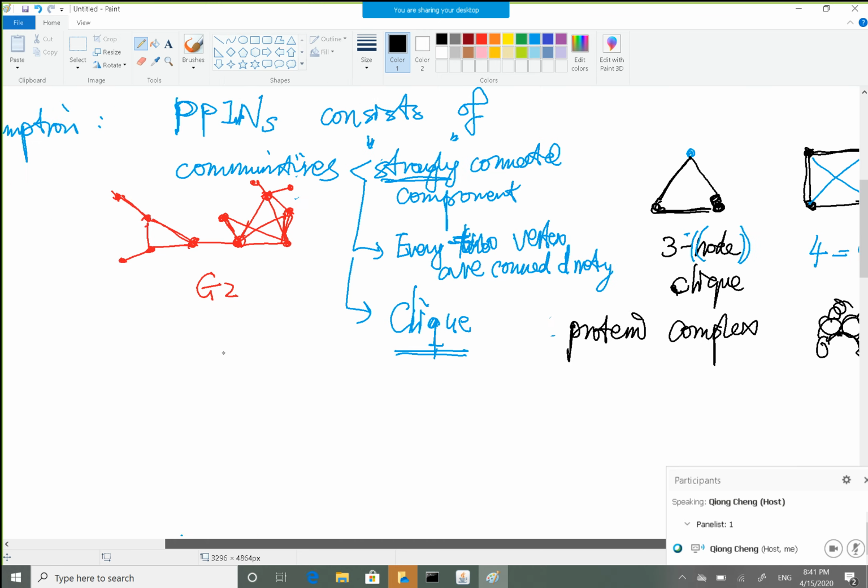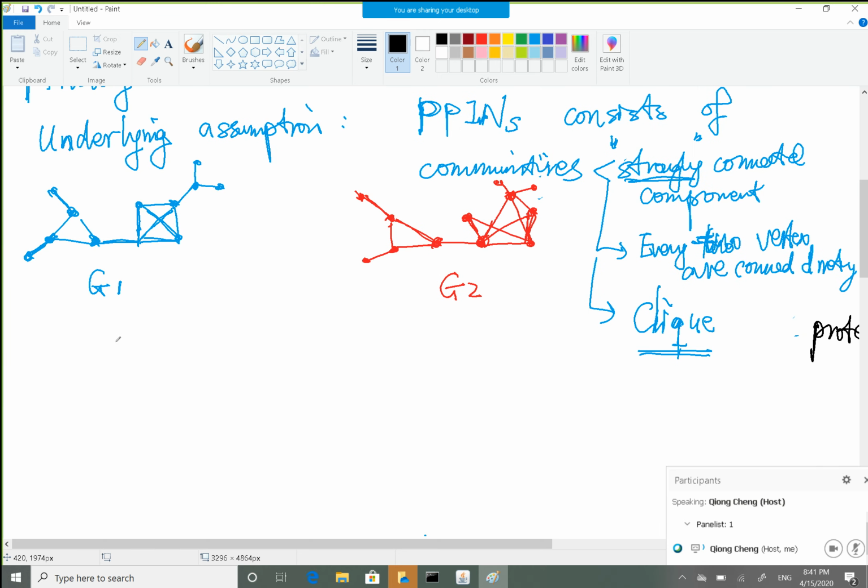For example, in these two graphs, they say this one is a clique. Let's give the vertices names 1, 2, 3, 4, 5, 6, 7, 8, 9, 10, 11, 12.